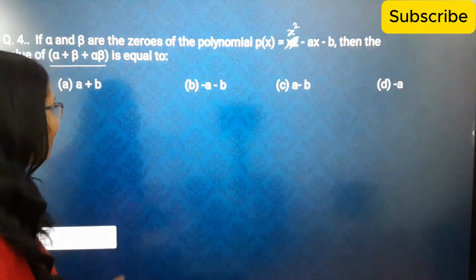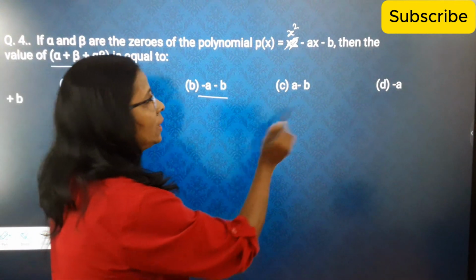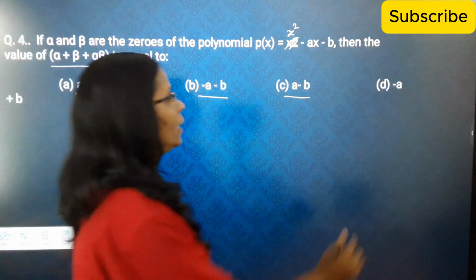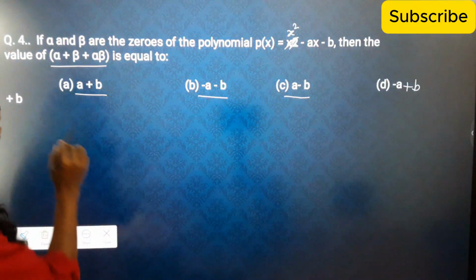Options are a plus b, minus a minus b, a minus b, and the fourth one is minus a plus b. Okay, so how can we solve it?